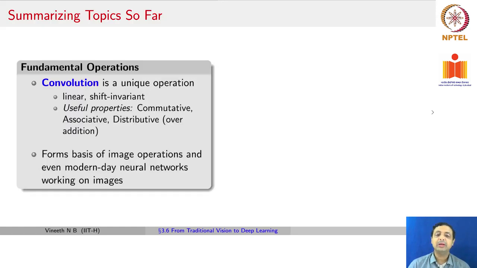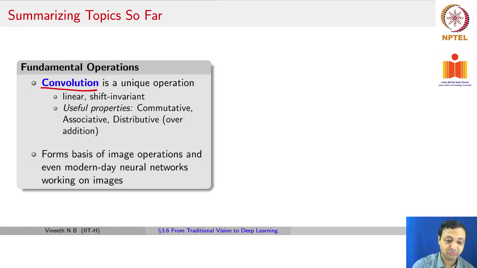One of the things that we learned so far is that convolution is a very unique operation. It's linear and shift invariant. It has useful properties such as commutativity and associativity. It distributes over additions and so on. So it's very unique in its processing of signals.